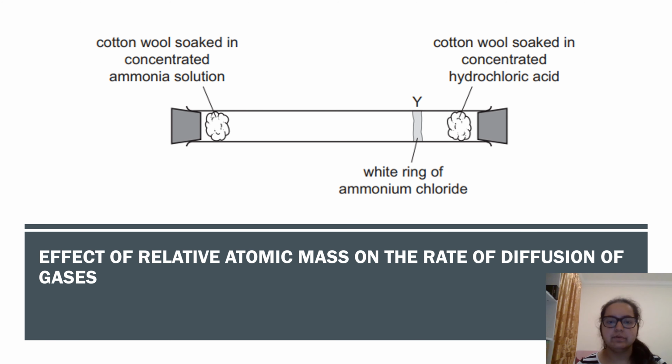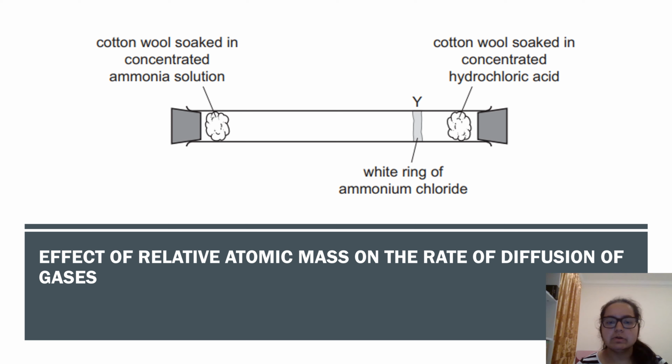Let's see an experiment of this. This is a question which is frequently asked in the IGCSE examination, in which they may ask the reason why the ammonium chloride is formed at Y, or where the ammonium chloride will be formed. They might give you A, B, C, D in MCQs, and you may have to choose.